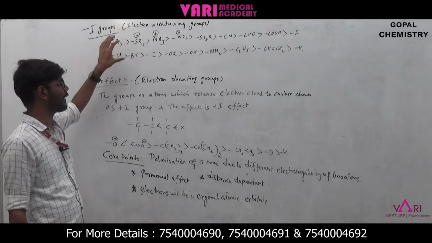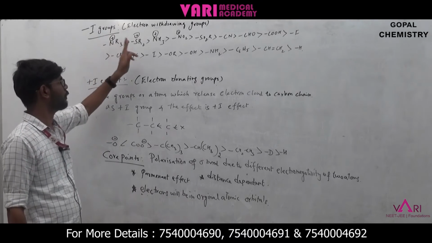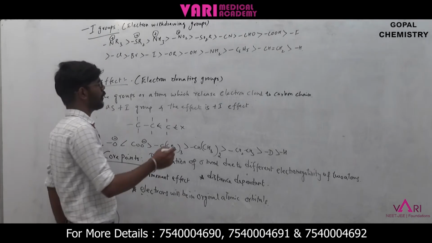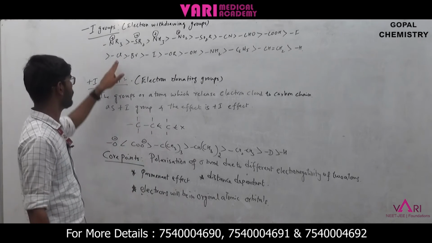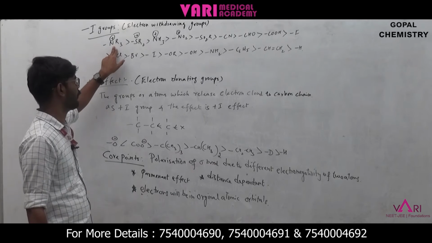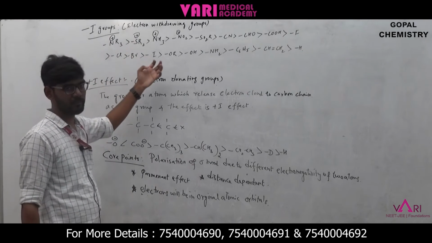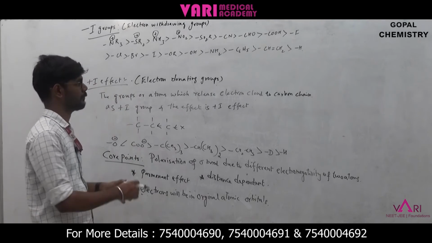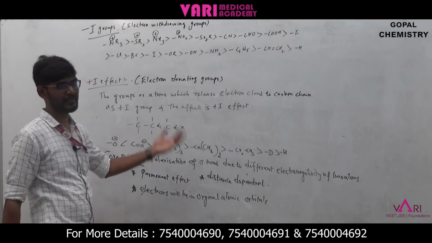This is the decreasing order of the minus I groups. There are many groups, starting with ammonium salts and sulfur salts, whose electron withdrawing capacity is maximum. When we go down, the electron releasing capacity increases.